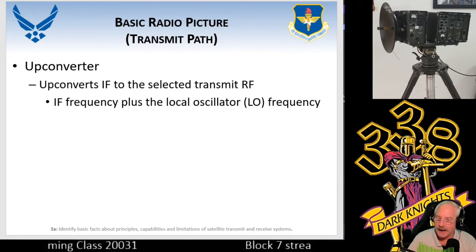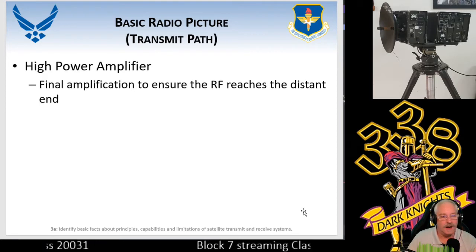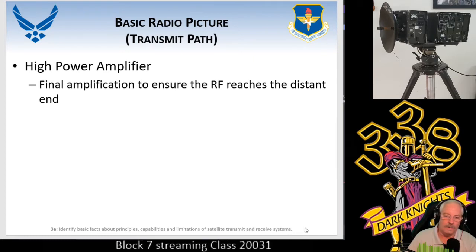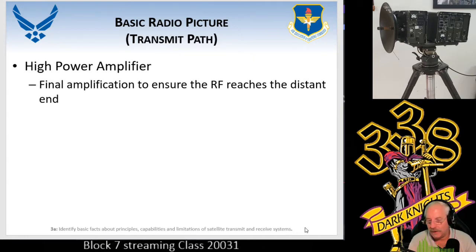So frequency accuracy and stability do play a part with this basic radio picture. We have a high-powered amplifier, which is we're going to amplify the signal to where we can send it out to point A and point B, and it will depend on what the information is and how far we need to go to determine how much power we need.